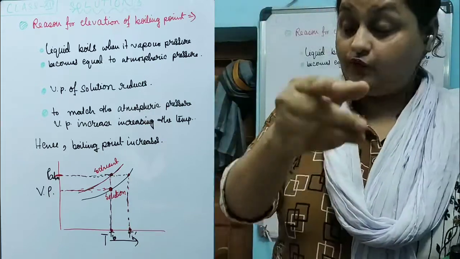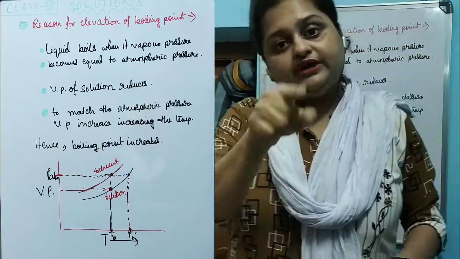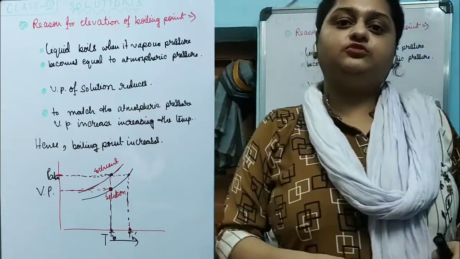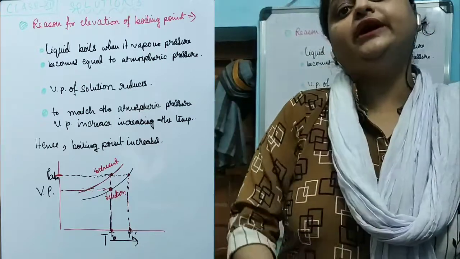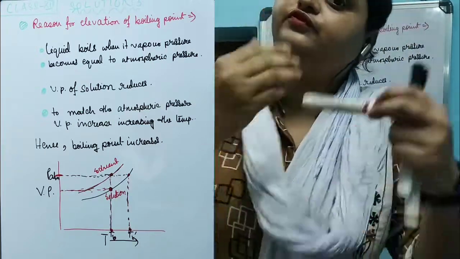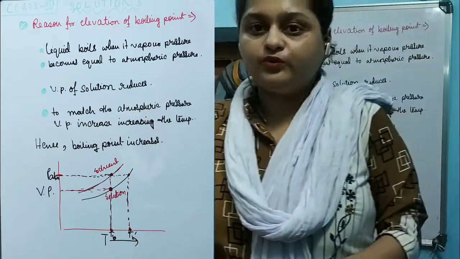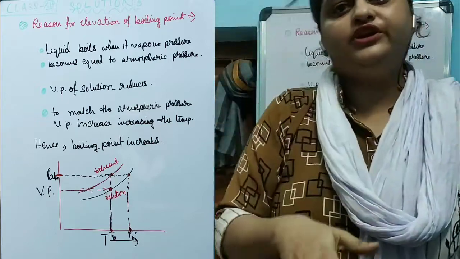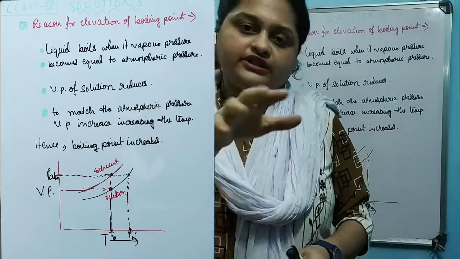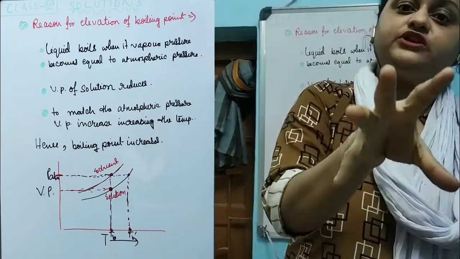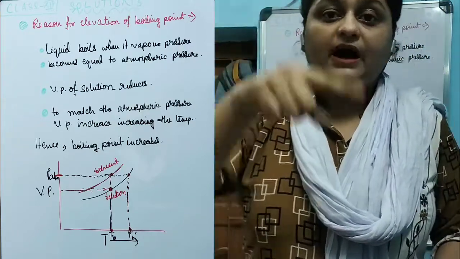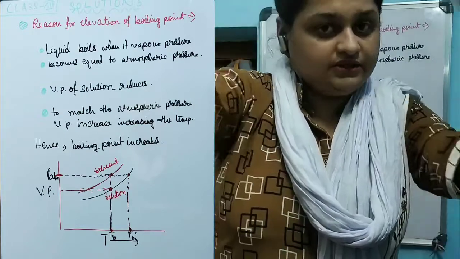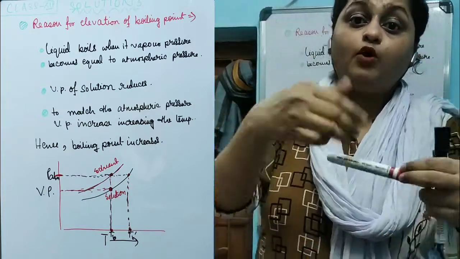To increase it, you need to heat the solution further, until a point comes, supposedly around 120 degrees, when the vapor pressure of the solution equals the atmospheric pressure. Then the solution will start to boil.